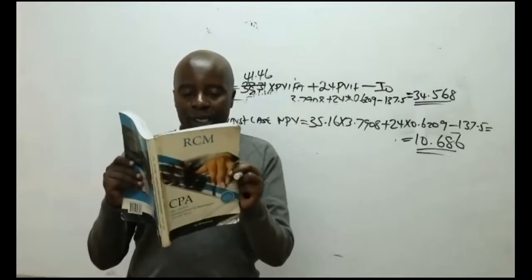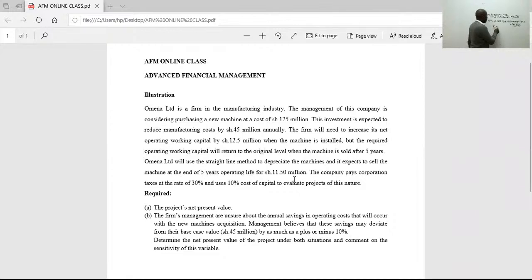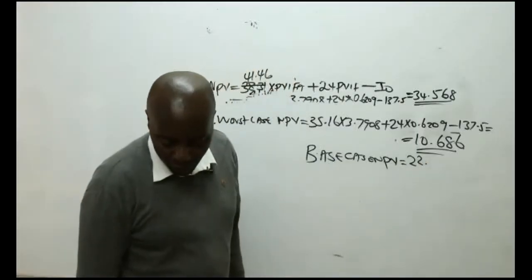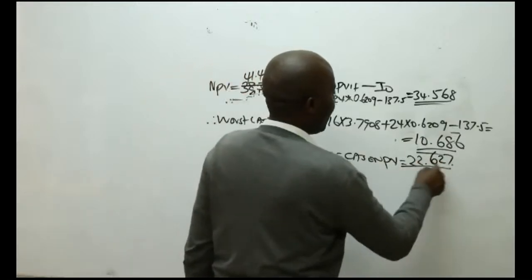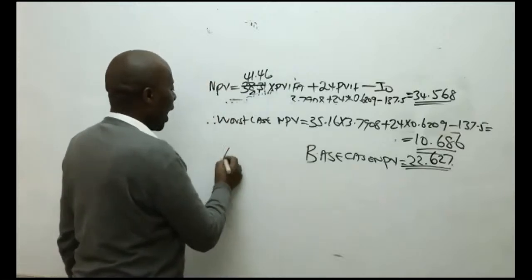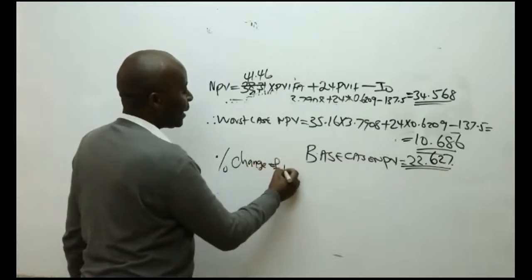Our base case net present value was 22.627. So ladies and gentlemen, given this information, I should be able to get the percentage change of best.